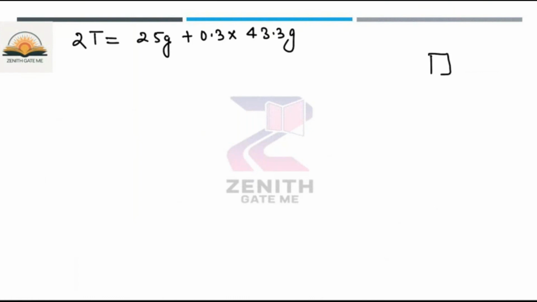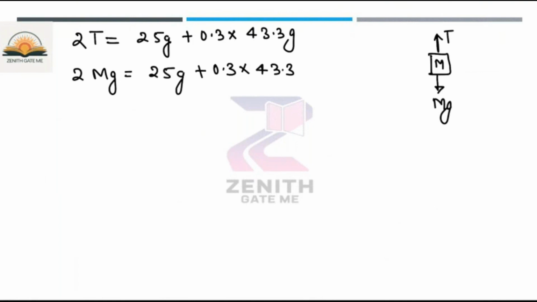And you know that there is a block of mass m. Here the tension is acting, here is the mg. So you can just put the tension value, which is mg. So this is 25g plus 0.3 into 43.3 into g.